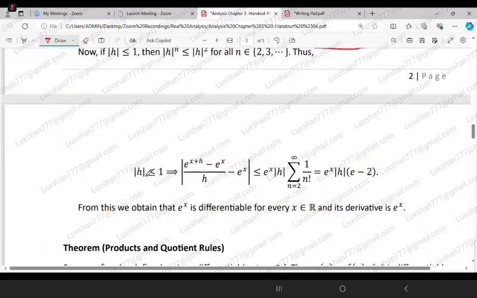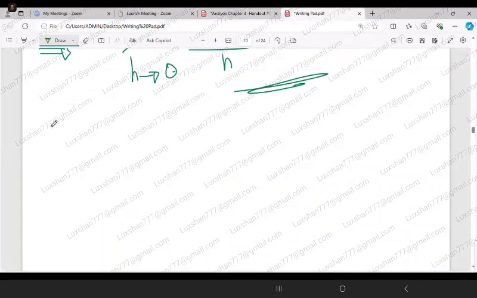Then we are saying that since h is not equal to 1, this goes to this one. From this, you obtain that e to the power x is differentiable for every x belonging to R, and its derivative is equal to e to the power x. Because we have something like this, no?